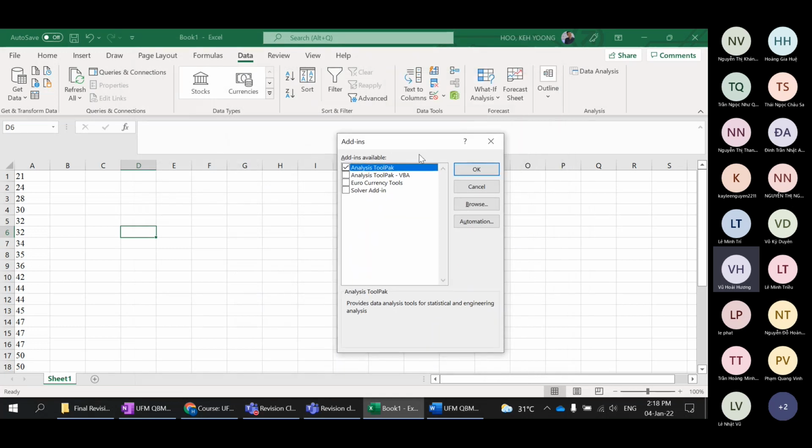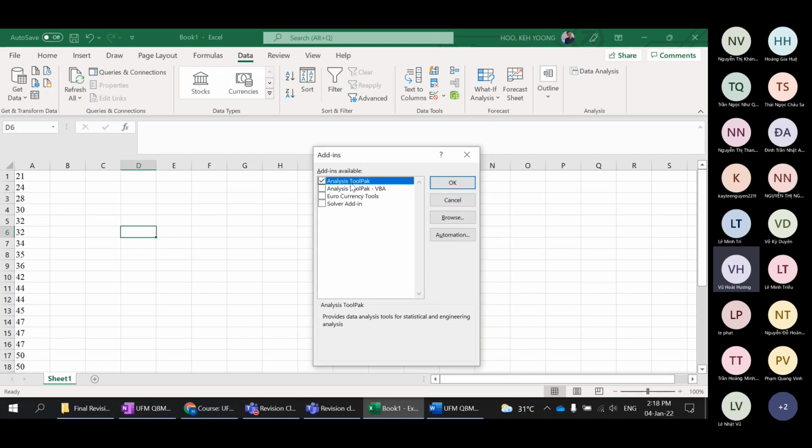A new window pops up. On my side I have 4 add-ins. Make sure you tick the first one, Analysis ToolPak, and press OK.